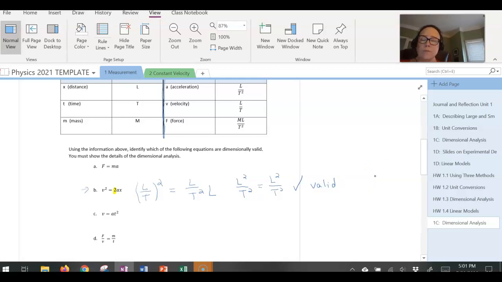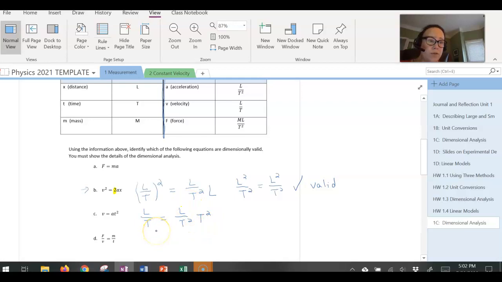Let's look at C. Here I have velocity equals acceleration times time squared. For velocity, I plug in the dimension, which is L over t. The acceleration has a dimension of L over t squared. And then I have time squared, and the dimension of time is t, and that variable is squared, so I square the dimension as well.